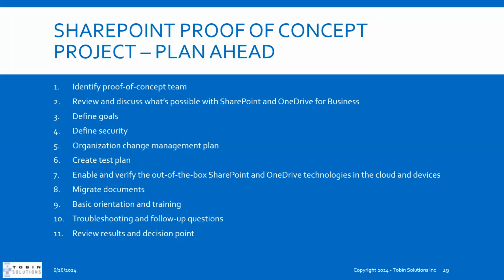Get the goals, definitely define the security, how you want to have this set up. And then we get together a plan of how we're going to run the change through the organization. Because again, people hate change, right? Most people really hate change, especially when it comes to IT.